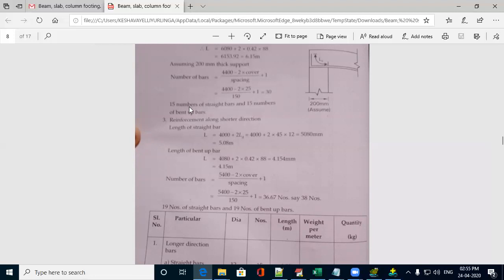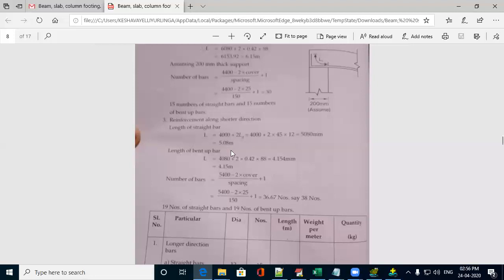Since alternate bars are cranked and alternate bars are straight, you can divide it into two equally. So 15 number of bars will be straight and another 15 will be cranked. Similar calculation you have to do in the shorter direction. To find the length of straight bar, 4000 plus 2 times the development length, you will get 5.08.